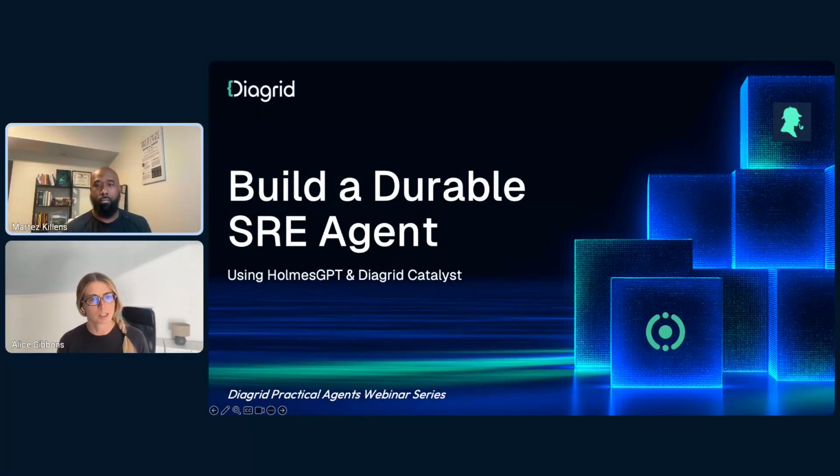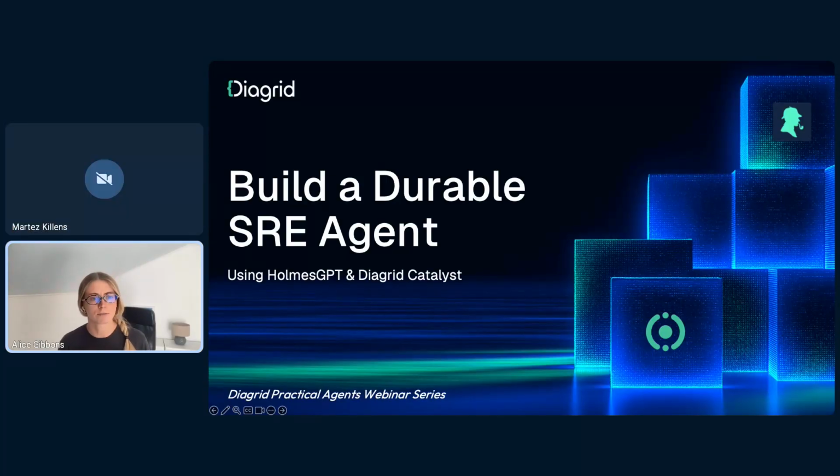But yeah, so that's what we're going to talk about today, this SRE agent, and we are going to be doing this with the open source HolmesGPT project, which is an SRE agent. And then we're coupling that with the durability layer of Diagrid Catalyst, which essentially backs the HolmesGPT agent, providing a durable execution layer so that if it fails for any reason, the pod goes down, or a network issue happens, it will pick up from where it left off instead of having to rerun its full execution from the very beginning.